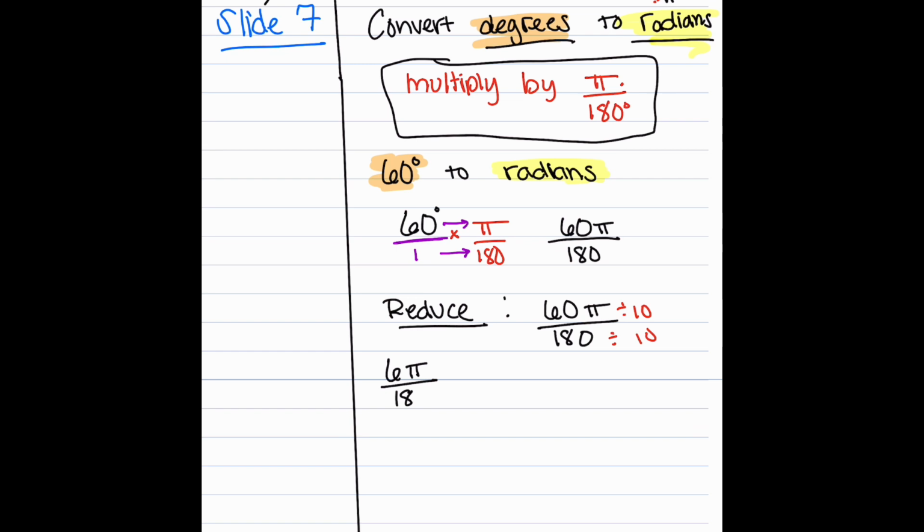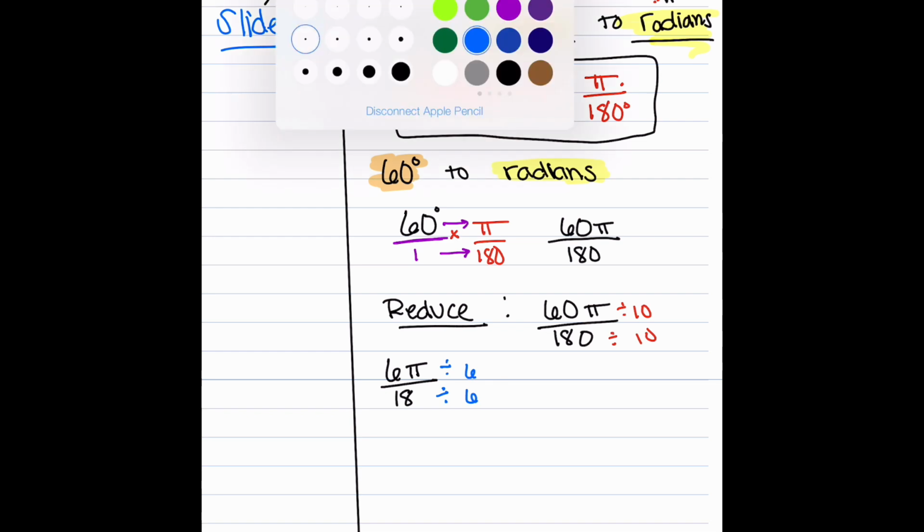So now you're still trying to reduce this fraction, which means you're just dividing by the same number until you can no longer divide by any numbers anymore. And if you can get the greatest common factor or the greatest common divisor, then you will only have to reduce once. Meaning that I'm going to go ahead and divide both of these by 6. 6 divided by 6 is 1.